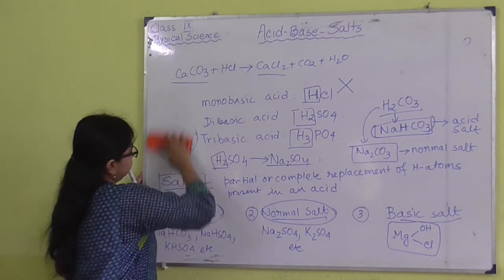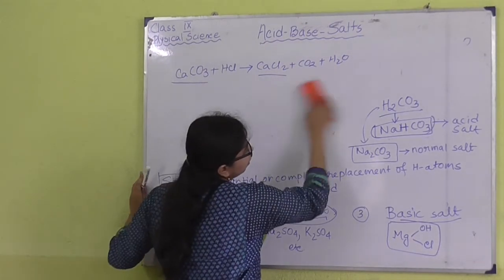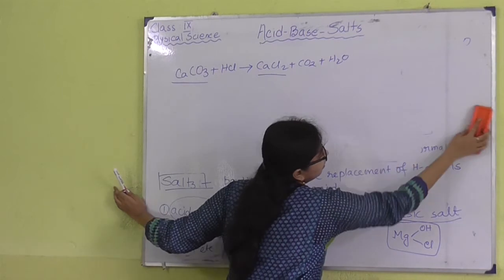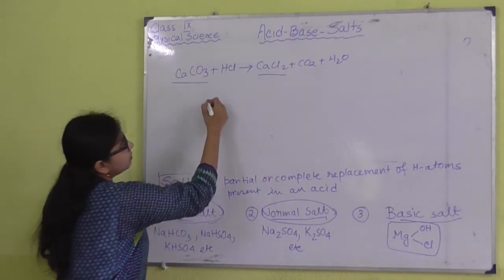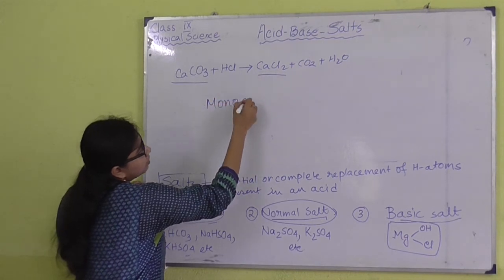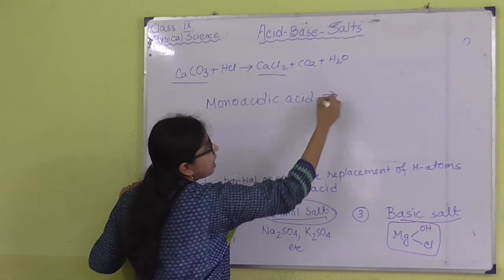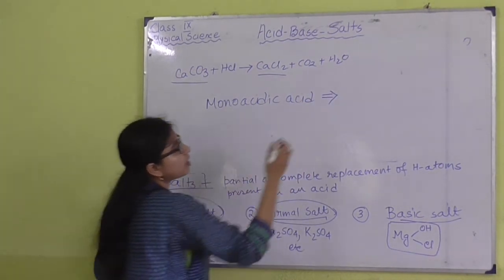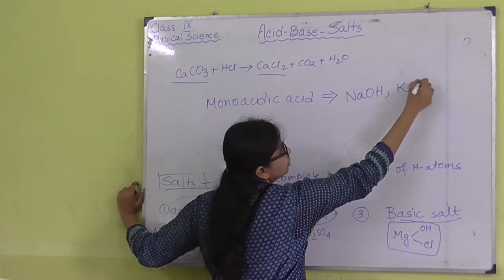Now we have monoacidic base or diacidic base. Monoacidic base means where there is just one hydroxyl group in the compound, like NaOH, like KOH.